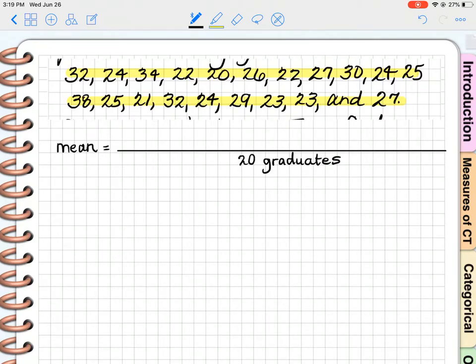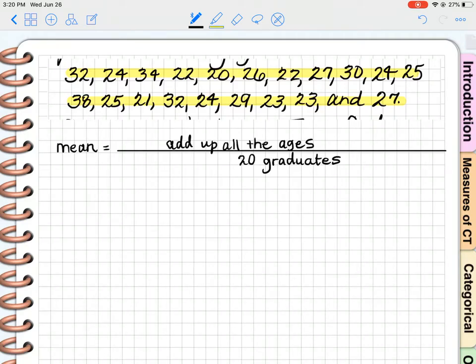Now, I am not going to rewrite all of those. We just need to know that we have to add up all the ages. So essentially, I am trying to figure out how many years these 20 graduates have.